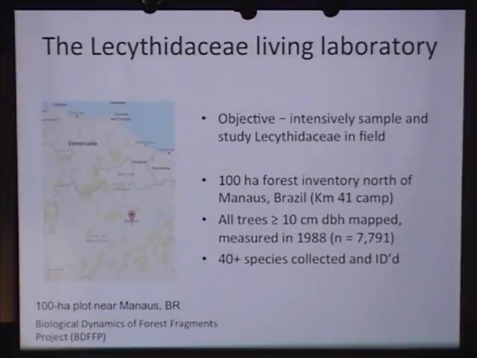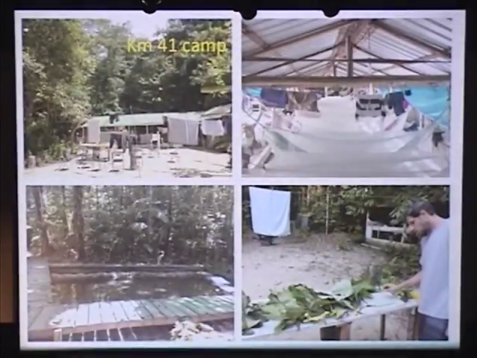We decided to revisit these, get genetic information, learn these species in the field and their field characters, and get botanical vouchers for the herbarium. So all in all, there are about 8,000 individual trees and 40 species, a good percentage of the whole family. And it was located near the city of Manaus, the Biological Dynamics of Forest Fragments project.